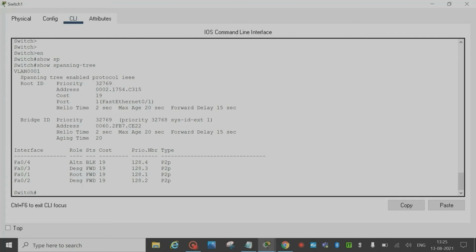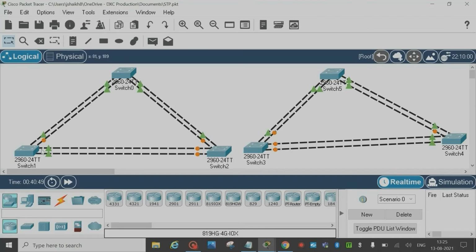We can see this one is an alternate blocking port, this one is a designated port, this one is the root port, and this one is a designated port. So here one root port, one alternate blocking port, and two designated ports. Switch 1: this is root, these two are designated, and this one is blocking.